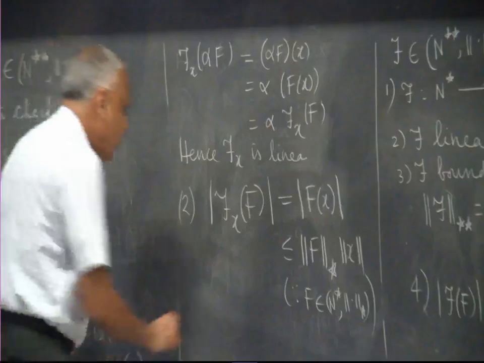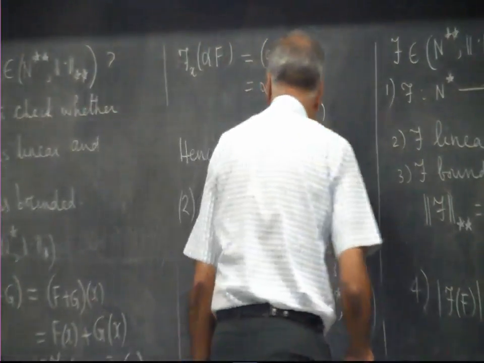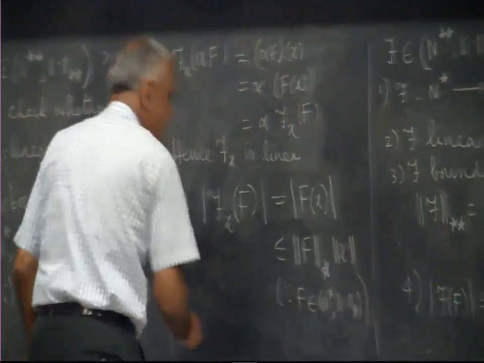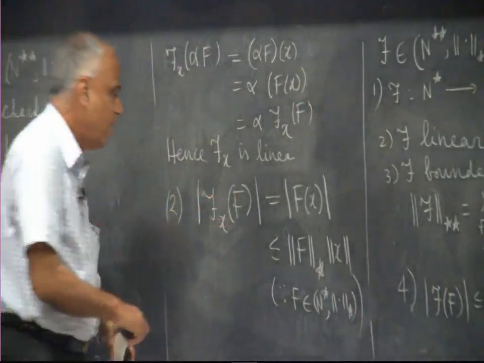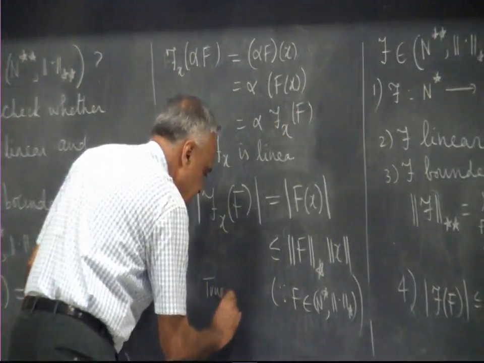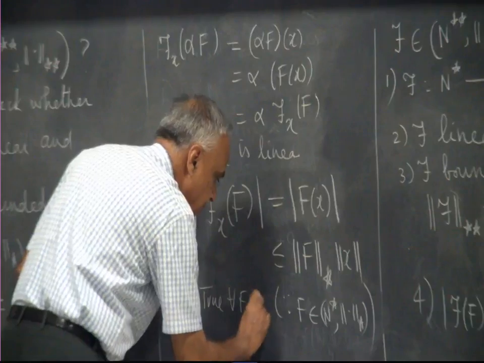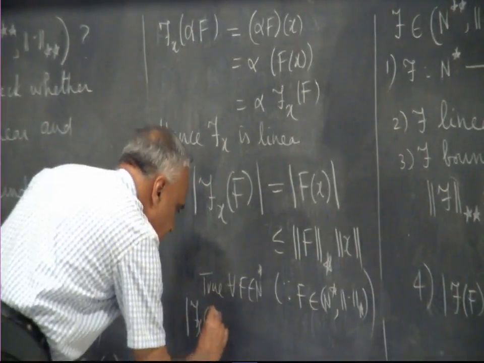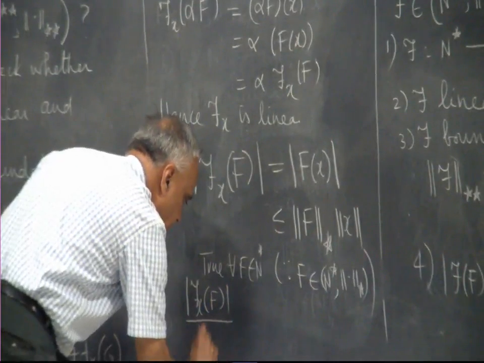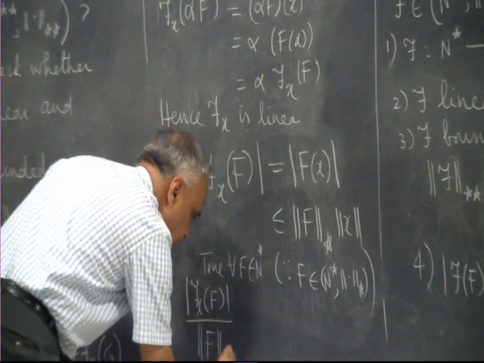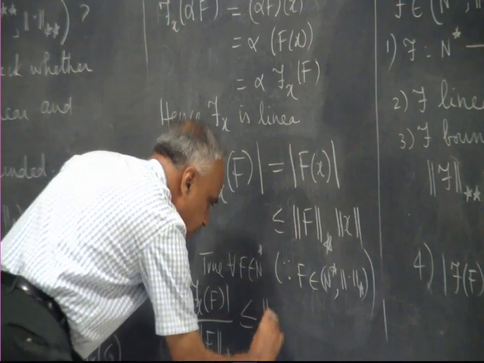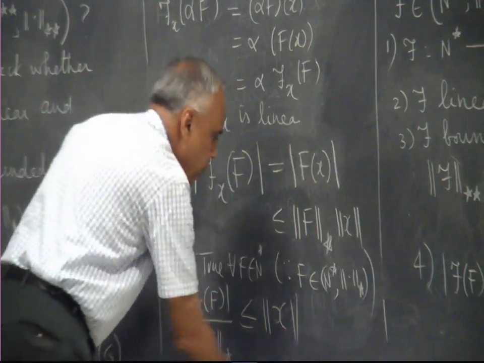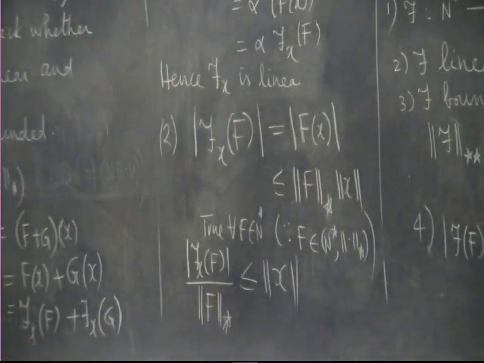And therefore, this is true for every f in n star. Therefore, mod F_x of f by norm f star is less than or equal to norm x.